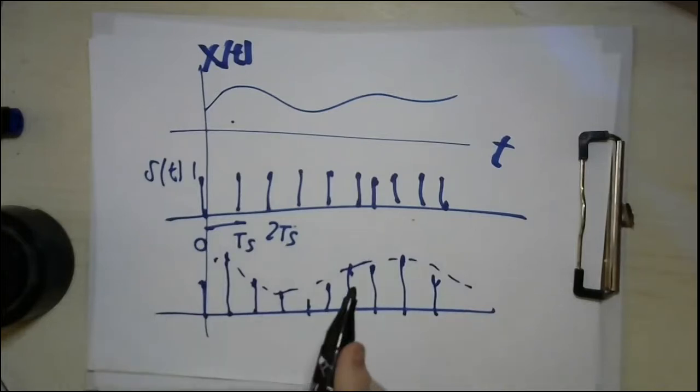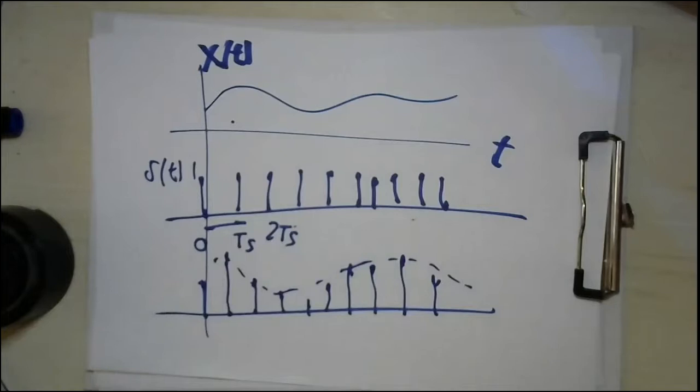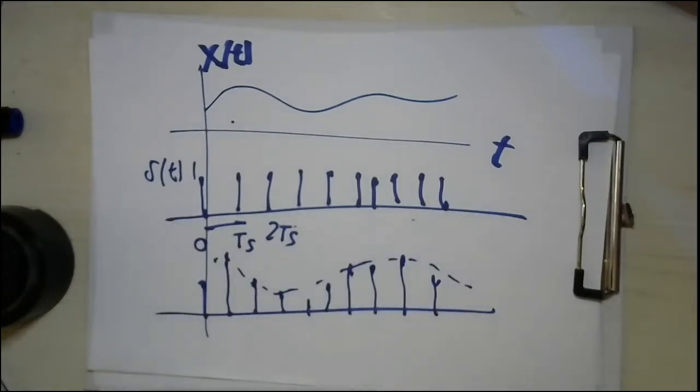This is simply what we do in the time domain. We multiply our analog signal with what's called a train of delta Dirac functions, so what we get is simply this output signal.